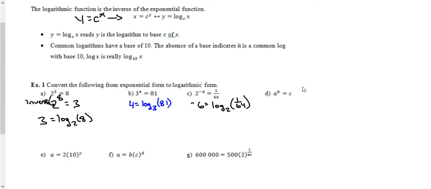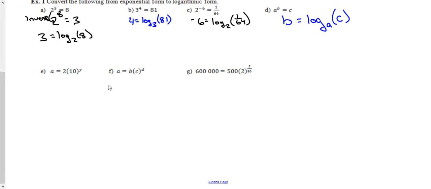And for example D here, it's all variables, so how do we rewrite this? If that's my exponent, it's going to be b equals log base a of c, and I always put that variable in brackets there usually. In example E here, again, just dealing with more variables, but that's no problem.